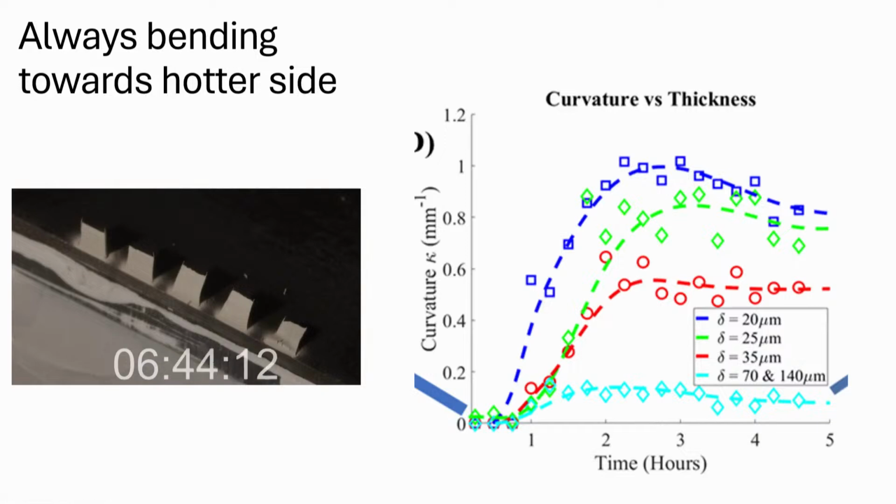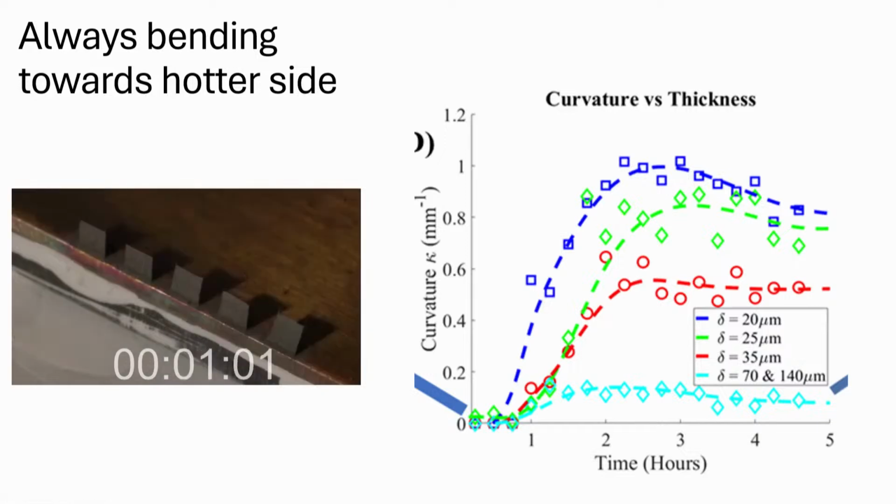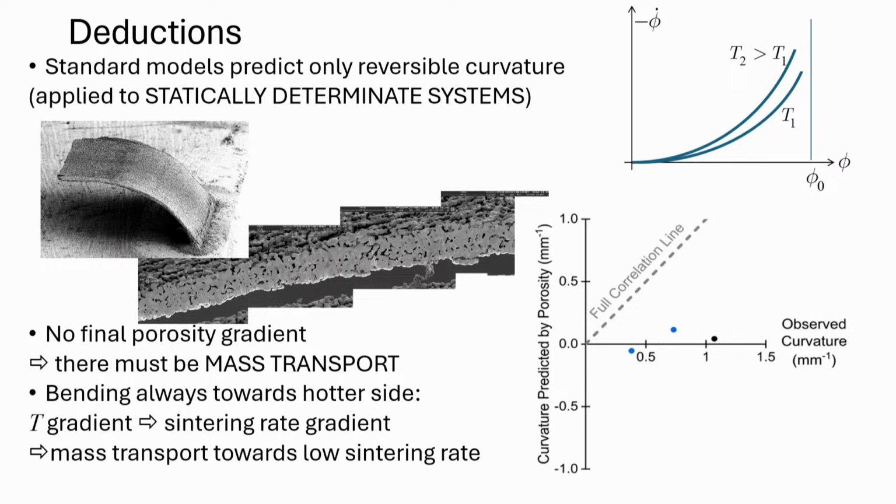Also we measure temperature, and things always bend towards the hotter side. So for this particular wall, the inside would be hotter and the outside colder.